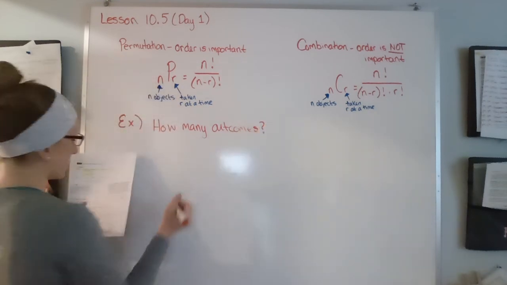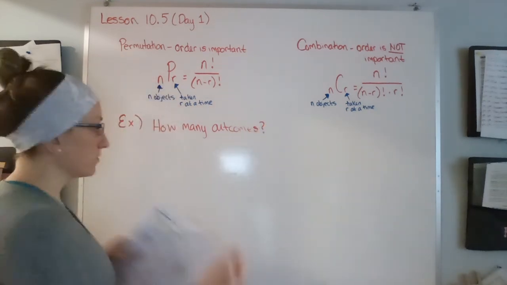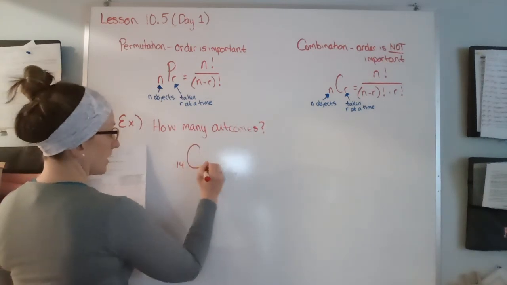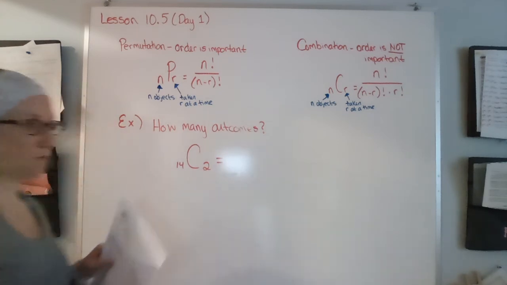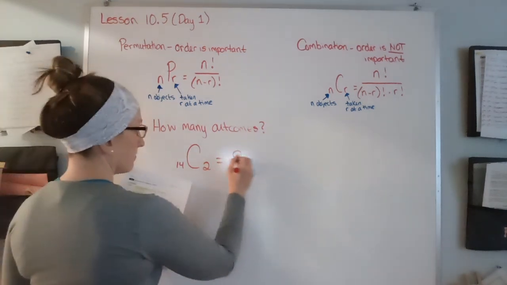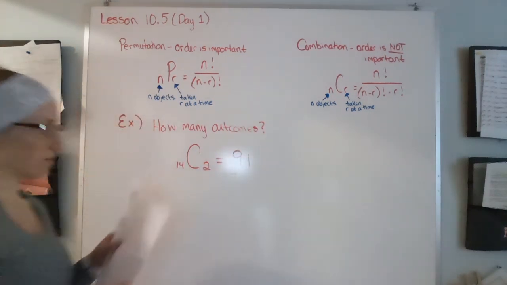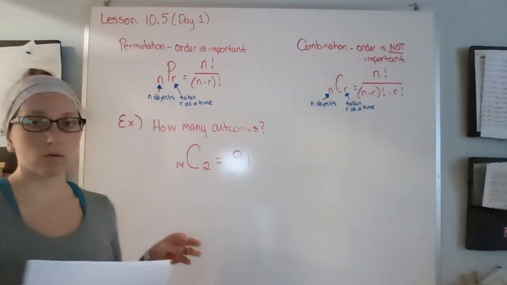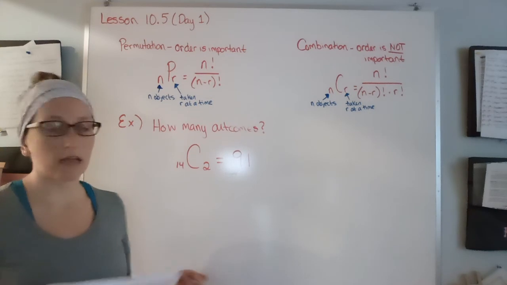All right, so since there are 14 photos, that's 14 objects, taken 2 at a time. All right, so it's 14C2, and you can use your calculator and plug that in to get 91. Okay, there are 91 total different combinations, I'll say, how many collages there are.